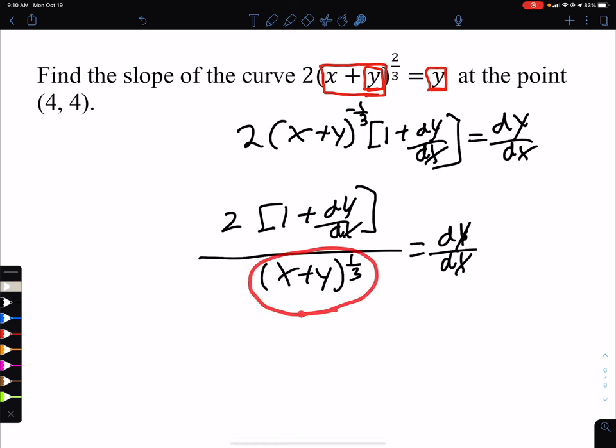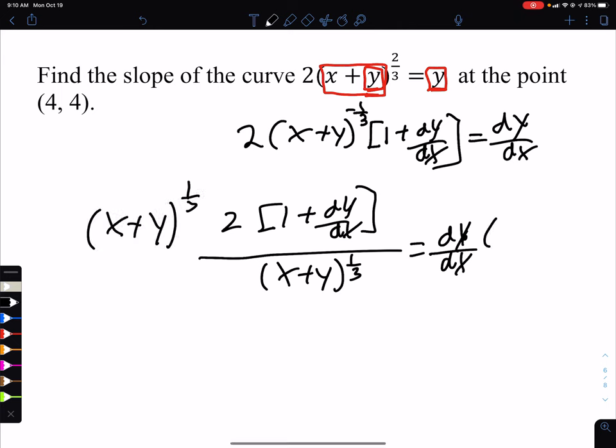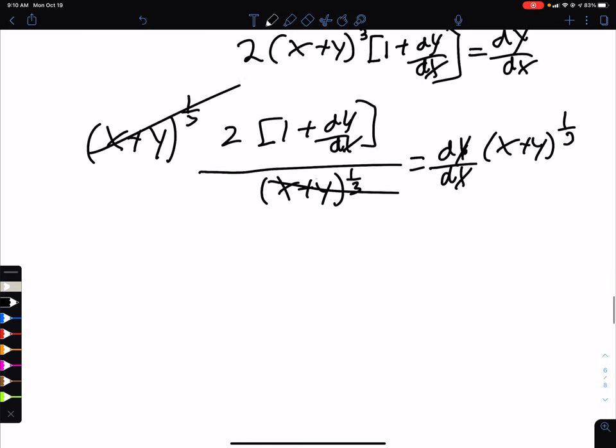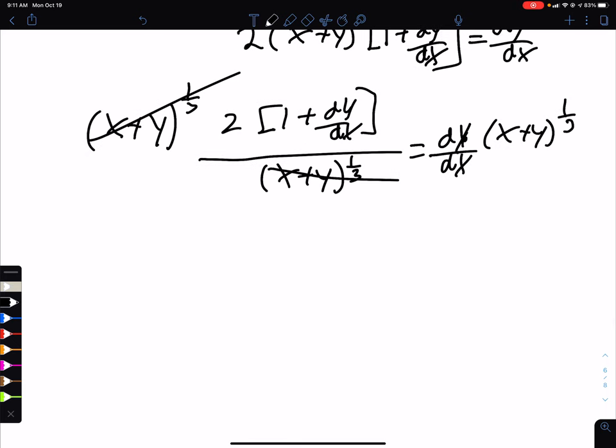Because we don't want a fraction. Multiply both sides by that. Wow, this is going to get pretty weird. Those cancel. And now we have this. Now I'm going to do 2 steps in one. I'm going to distribute that 2 to set that bracket free, or the parenthesis free, however you view it.